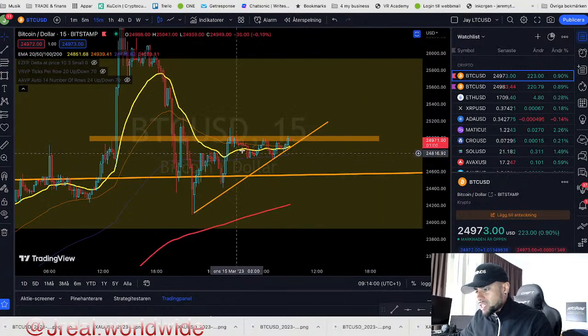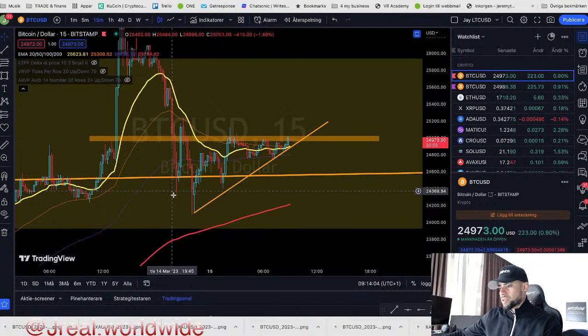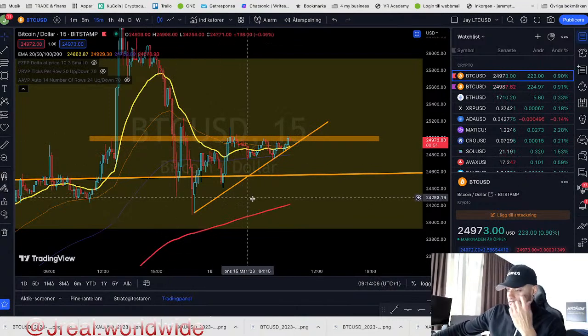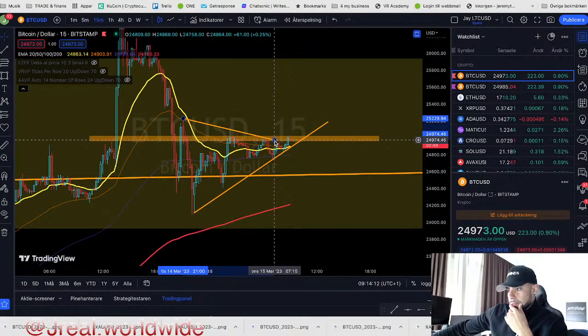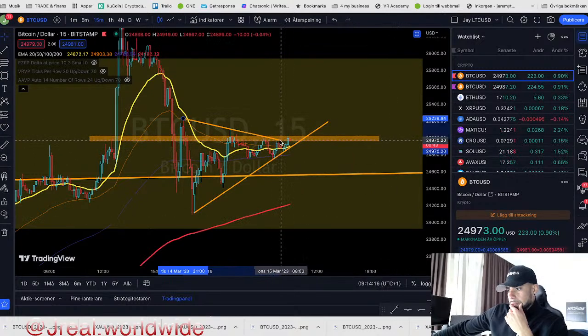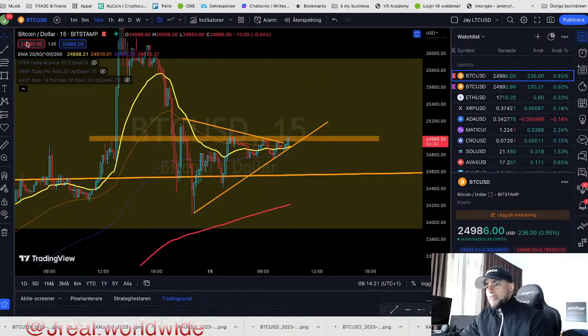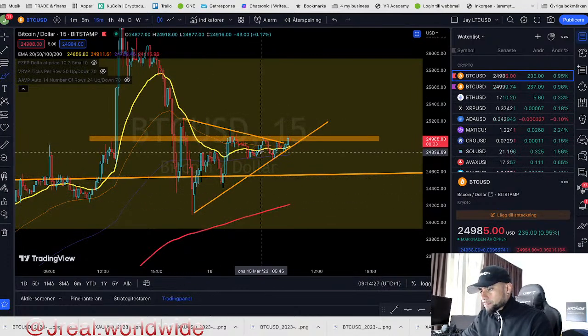Yeah, so basically we need to break this resistance at the smaller time scale. So we got some form of triangle forming here. Still though, I don't see any trade right now. Okay, so look, we got some form of triangle forming here, and this could be a possible breakout forming.